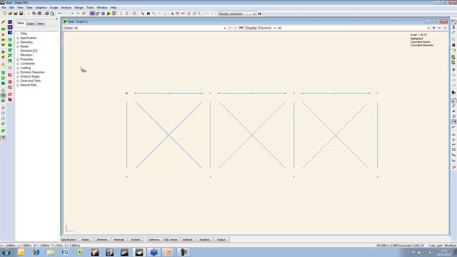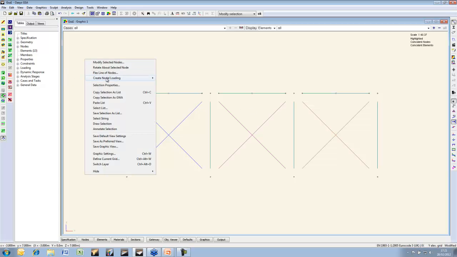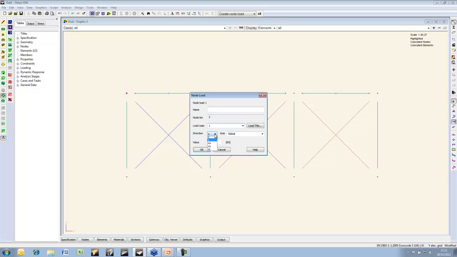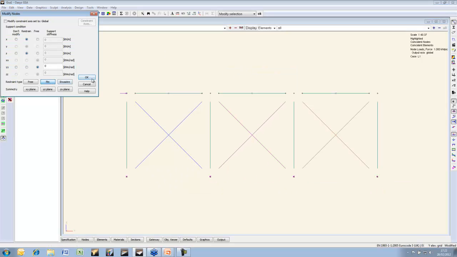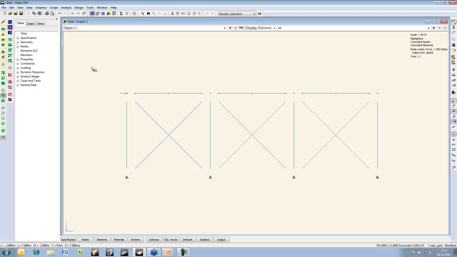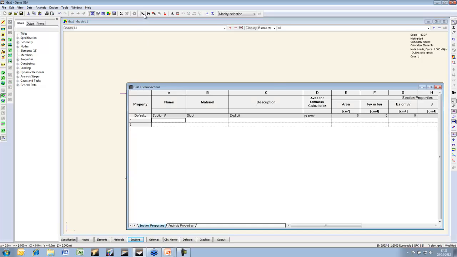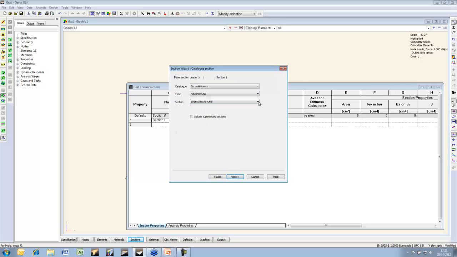And if I add in a node load up there, it doesn't matter what the load value is, let's just set it to 1. And these points down here need to be pinned, and we need to give a section. I'm just going to pick a small beam size.